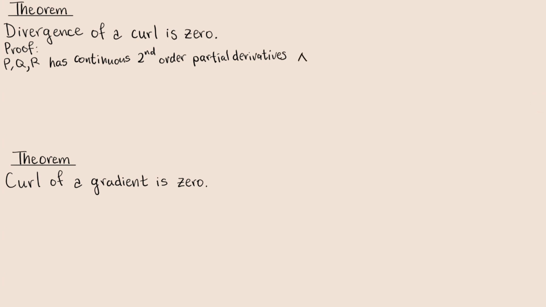Okay, and then we have the vector valued function f of x, y, z, and this is going to equal P of x, y, z. Now these are multivariable functions. Q of x, y, z, and R of x, y, z. So P, Q, R are simply the coordinate functions for f.